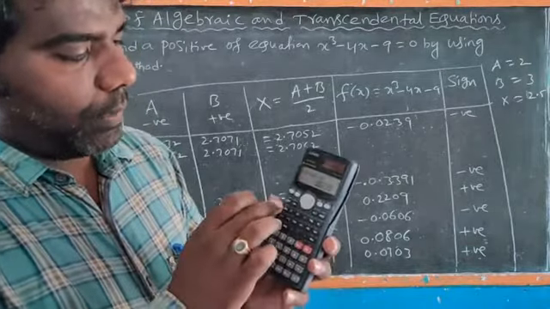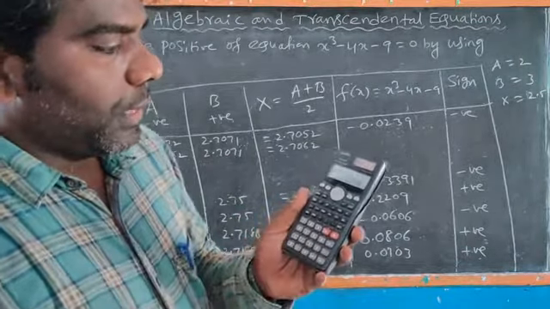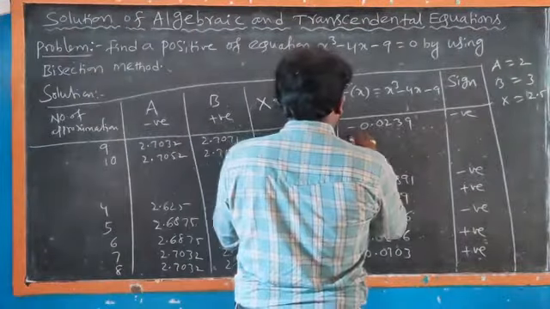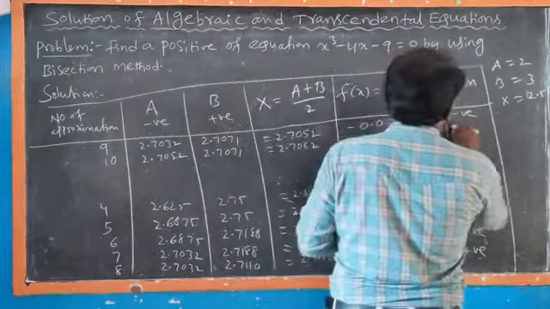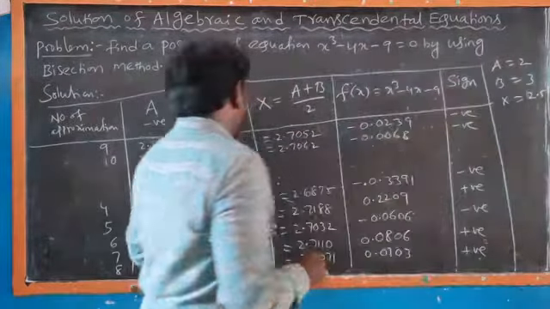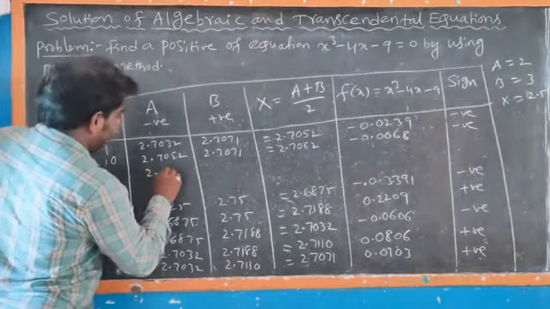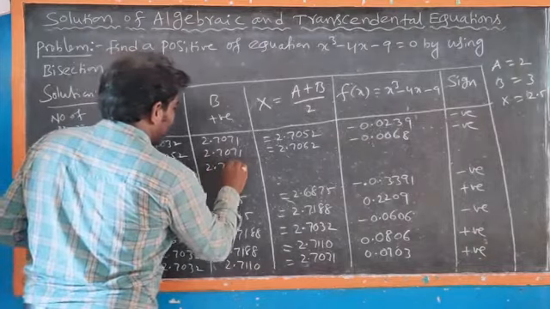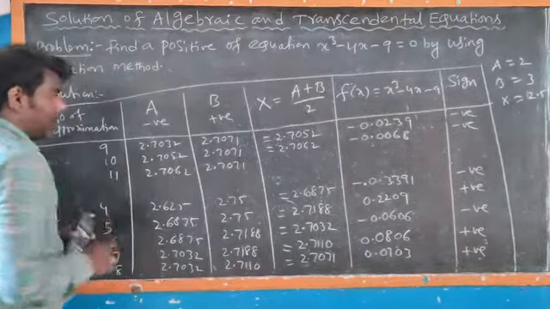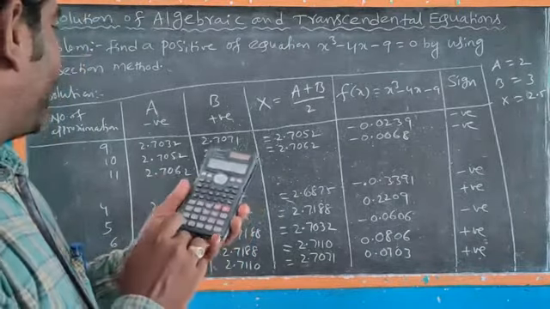Next we get the equation. Substitute x equal to 2.7062. Then minus 0.0068. This is a negative value. Now substitute x in negative values. 2.7062. The b value is the same, 2.7071. This is the 11th approximation.